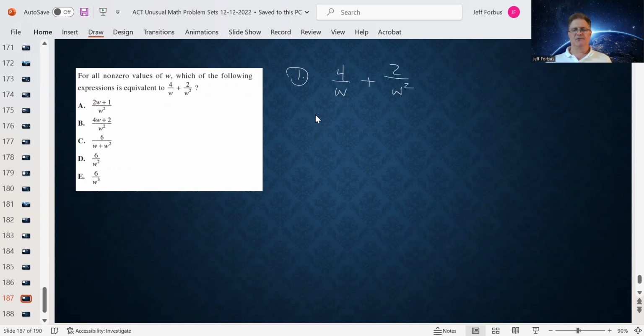Well, 2 over W squared implies that we need a W squared in the fraction with 4 over W. So we're going to multiply 4 over W by W over W. All right, so W times W is W squared, and we get 4W in the numerator.